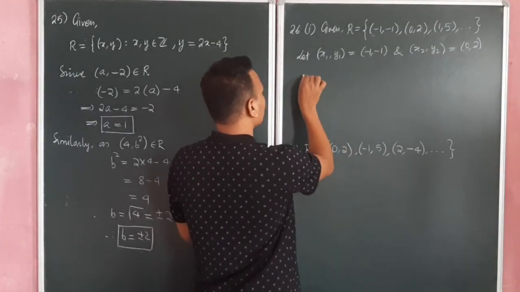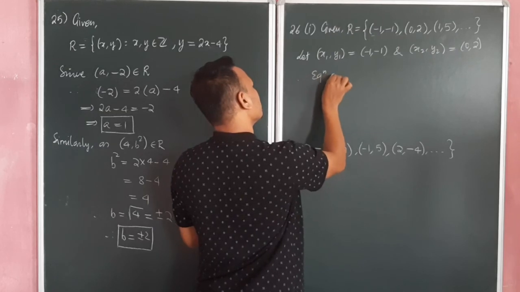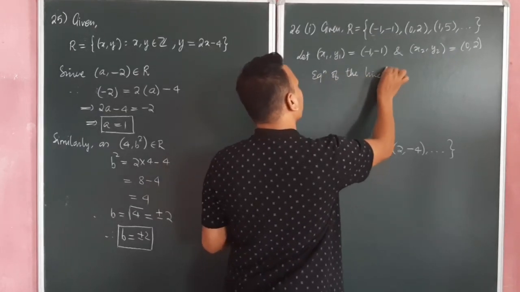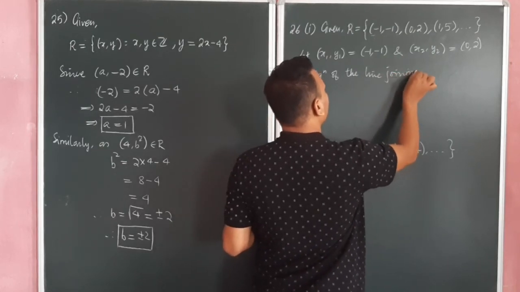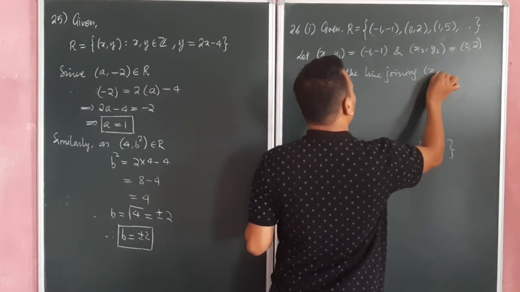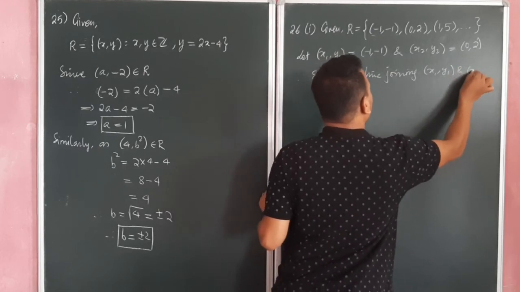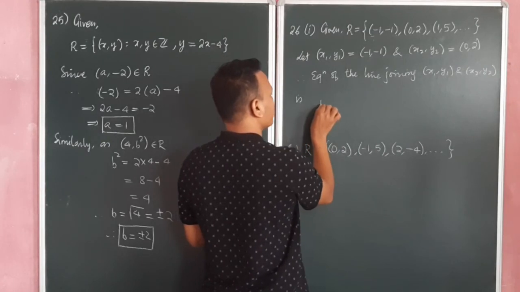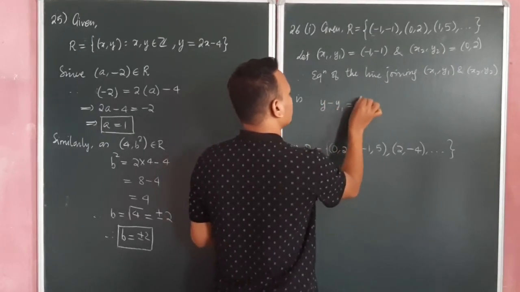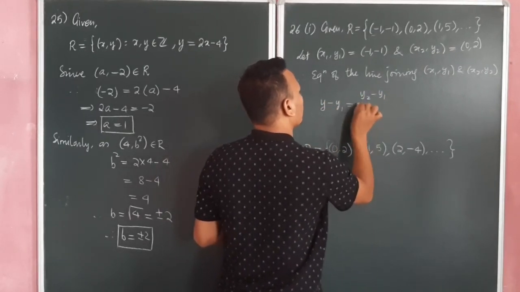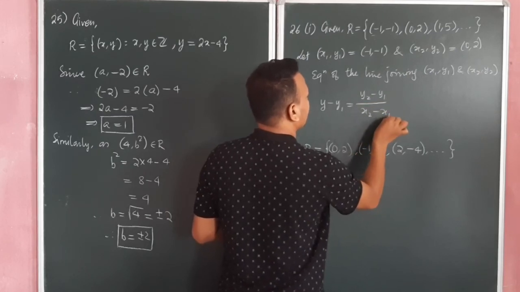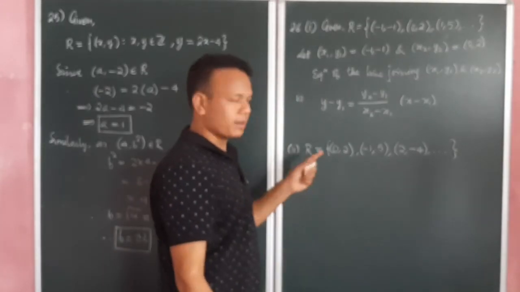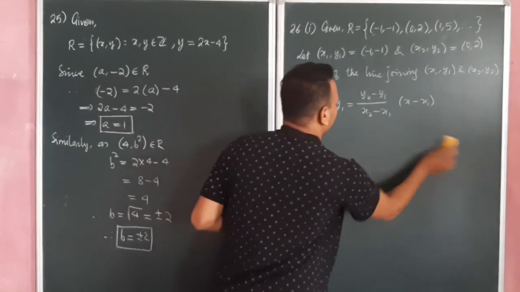So therefore the equation of the line joining x1 y1 and x2 y2 is given by y minus y1 equals y2 minus y1, whole divided by x2 minus x1, into x minus x1. So this is the formula, right? This part I am not doing, you will try by yourself.